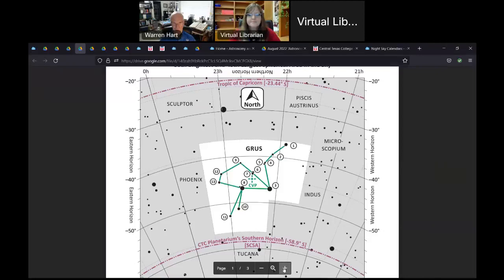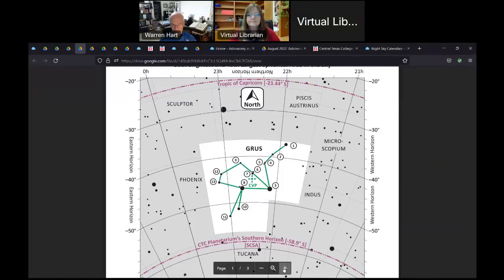We're going further south. And you can tell by looking below the area for Grus, there is the planetarium's southern horizon. Now, what that means is when we look to the south, everything beyond that horizon we cannot see because it's hidden by the surface of Earth.